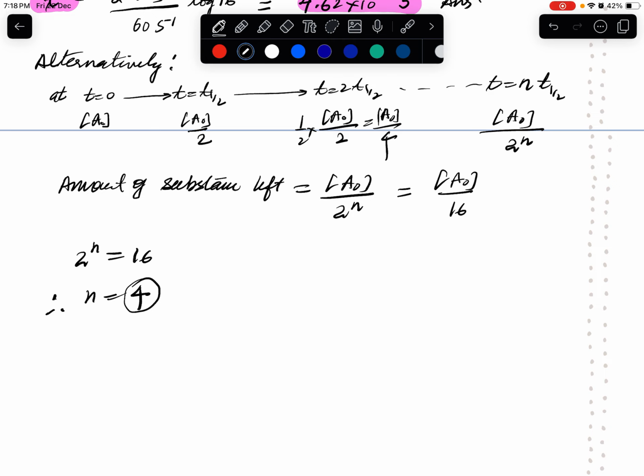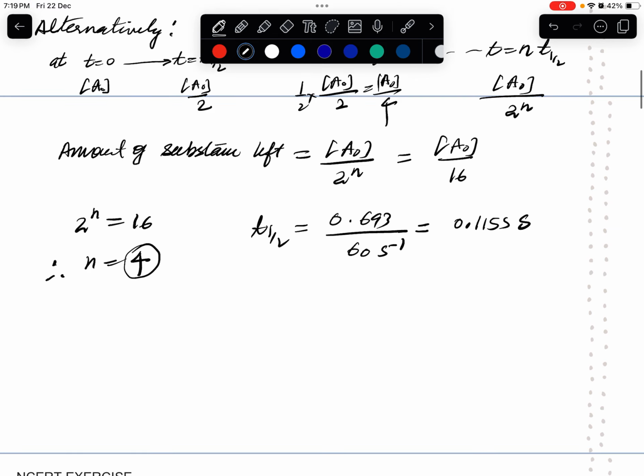Now we calculate T half, because we know the value of the rate constant: 0.693 divided by 60 per second. When we calculate, we get 0.1155 second. This is the value of T half. Time taken for the conversion will be equal to the number of half-lives multiplied by the value of T half.